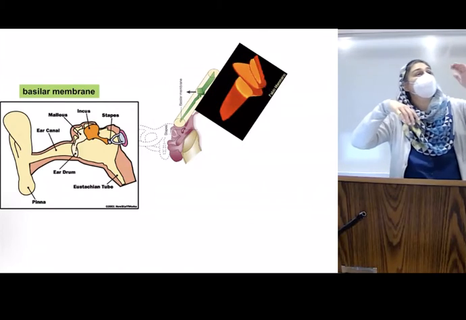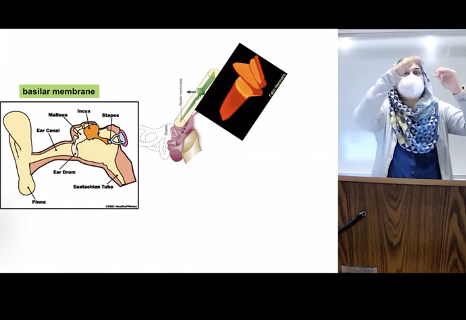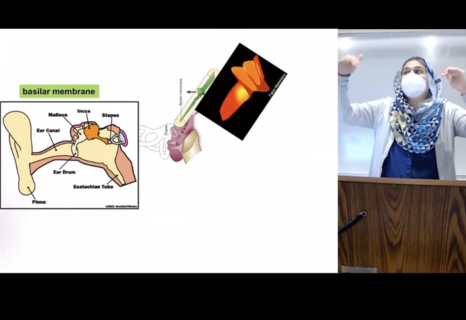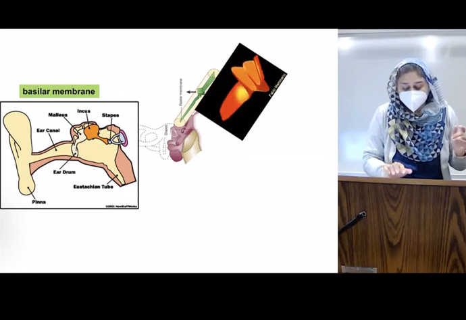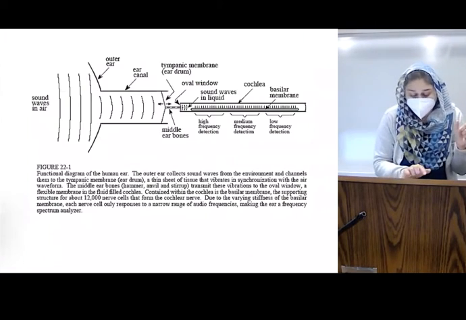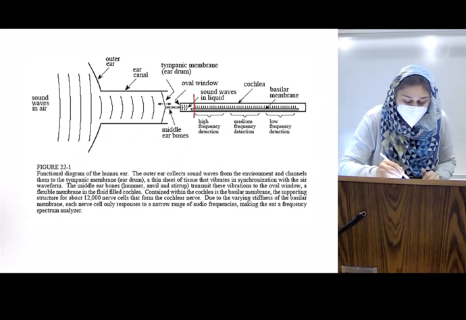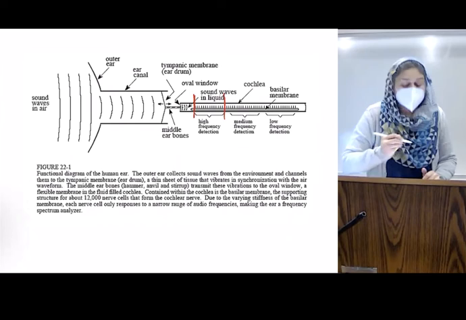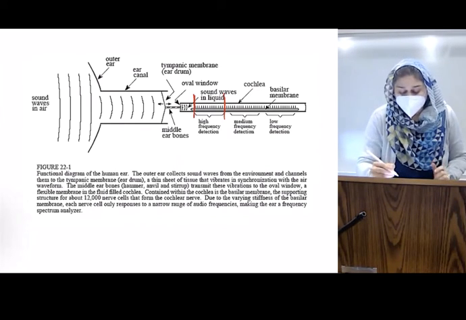So when a sound wave comes in, some part of the membrane will actually start to vibrate in response. Look at this picture. This area will get to vibrating in response to high frequency waves coming in.